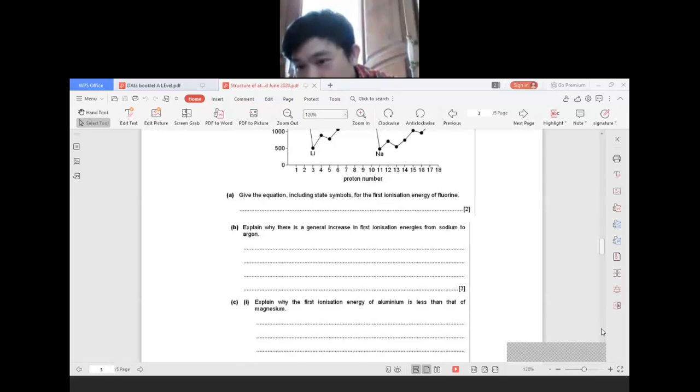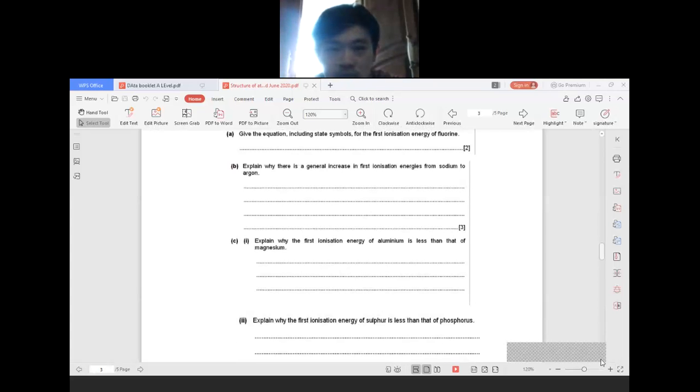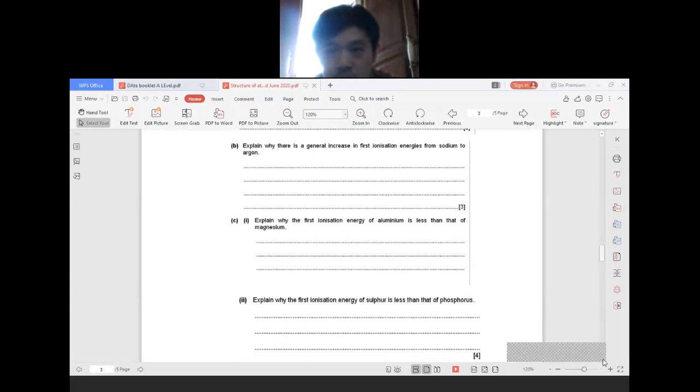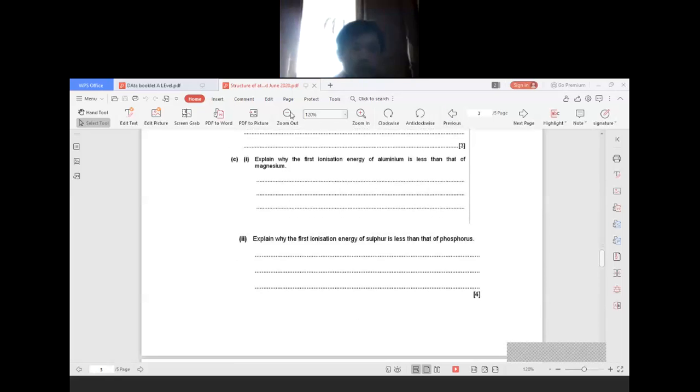Let me make this bigger. Sodium to argon is already finished. C1: explain why the first ionization energy of aluminum is less than that of magnesium.